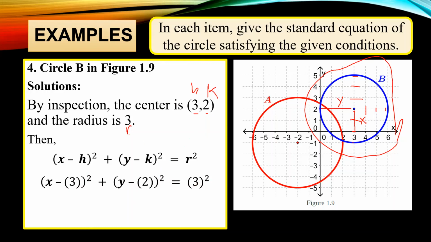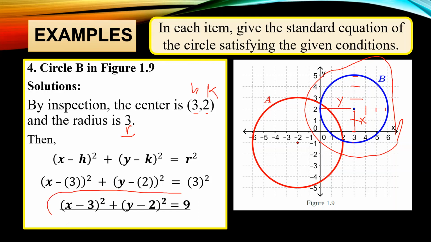Why 3 squared? Since our radius, or our r, is 3. Simplify: x minus 3 squared plus y minus 2 squared is equal to 9. Why 9? That is 3 times 3, or 3 squared, that is 9. So therefore, the standard equation of circle B in figure 1.9 is the quantity x minus 3 squared plus y minus 2 squared is equal to 9.